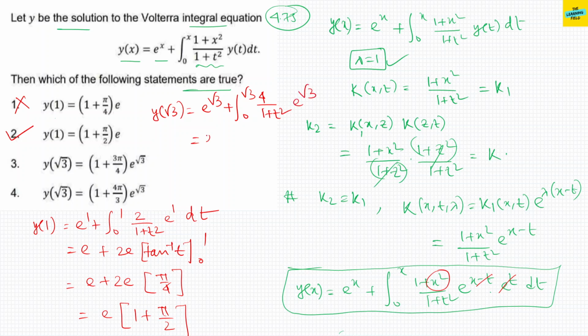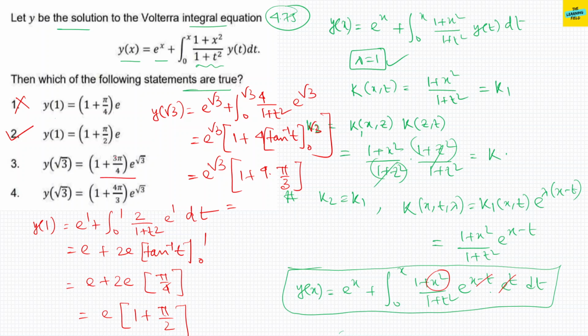So this is equal to e to the power root 3 common, and 1 plus 4 tan inverse t from 0 to root 3. So this is equal to e to the power root 3 into (1 plus 4 tan inverse root 3), which means pi by 3, so 1 plus 4 pi by 3. Answer 4 is the correct one.